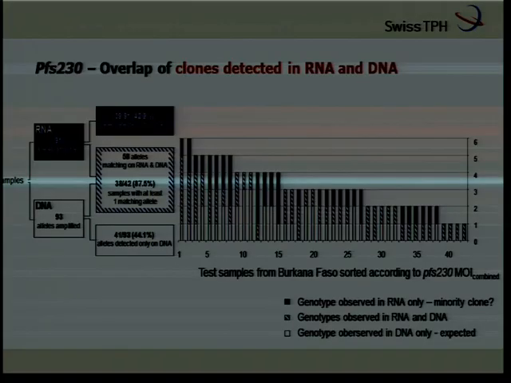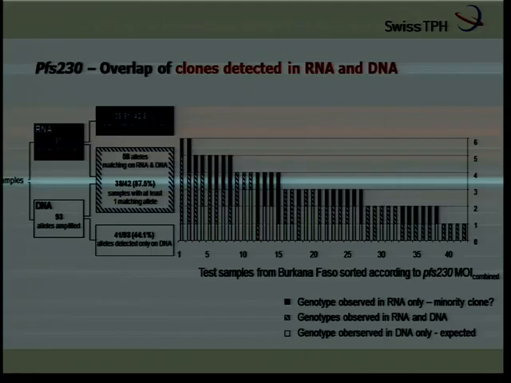That is what you expect, because maybe not all clones produce gametocytes. So we have a lot of clones detected in parallel on RNA level and DNA level, positive for both. So these would be the clones that actually produce gametocytes, but to our surprise, we also found a lot which are only detected on RNA level.